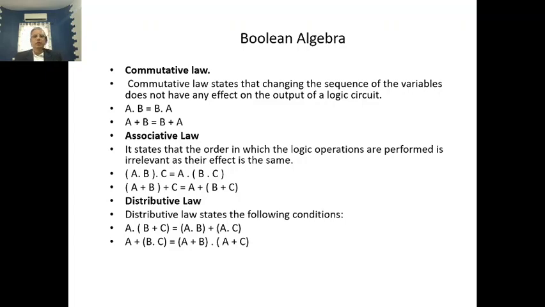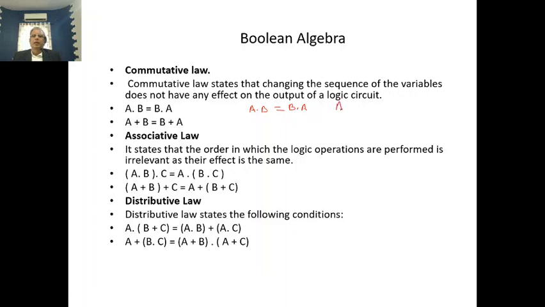The first one is the commutative law. The commutative law states that changing the sequence of the variables does not change the result. Here the variables are A, B. If we take the AND operation between A and B, and instead take B dot A, changing the sequence of the variables, the result remains the same.